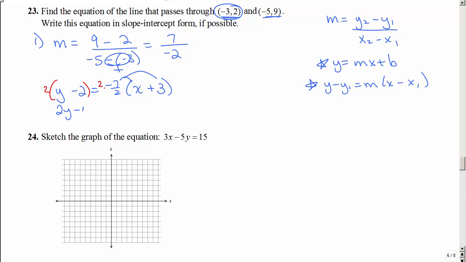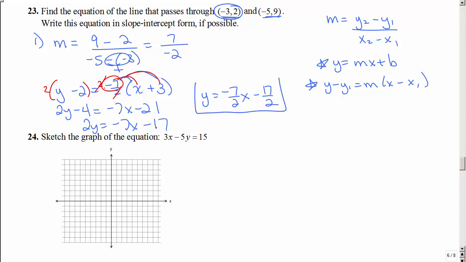So I get 2y minus 4. The 2's cancel, and I have now just -7 to distribute. I'm going to add 4 to both sides. So if I add 4, I'm going to get -17. And then if I divide by 2, I get -7/2 x minus 17 over 2.